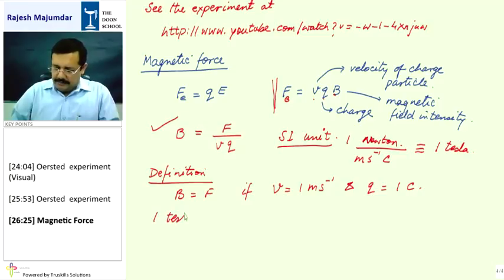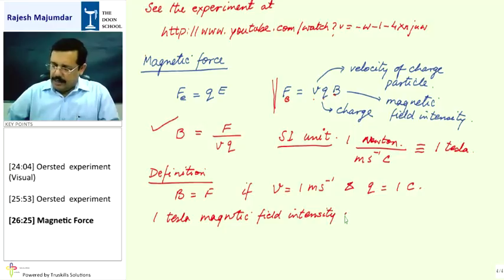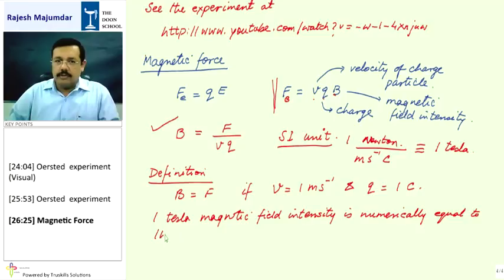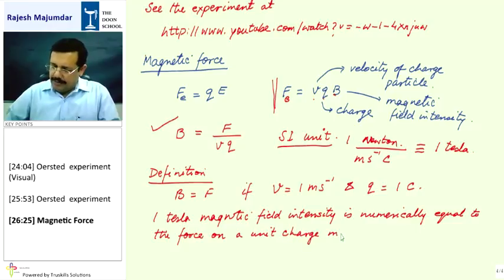So 1 Tesla magnetic field intensity is numerically equal to the force on a unit charge moving at unit velocity.